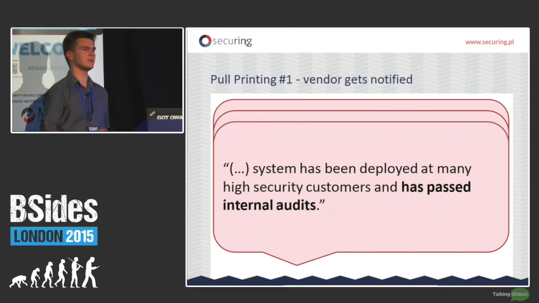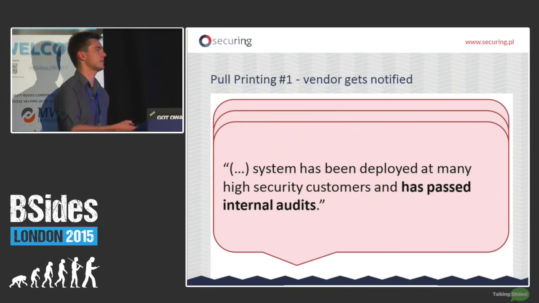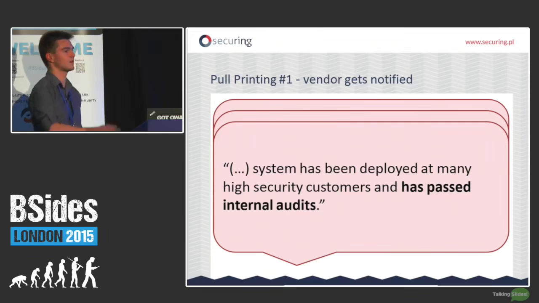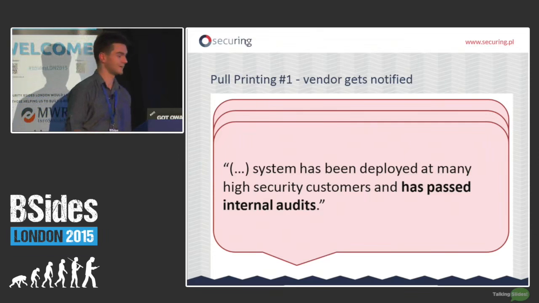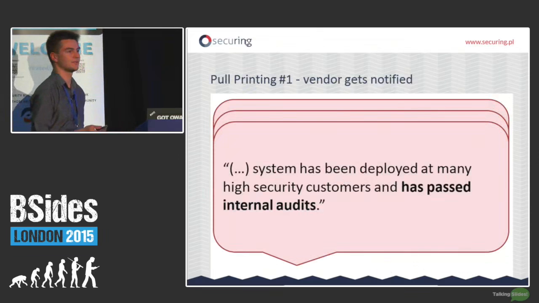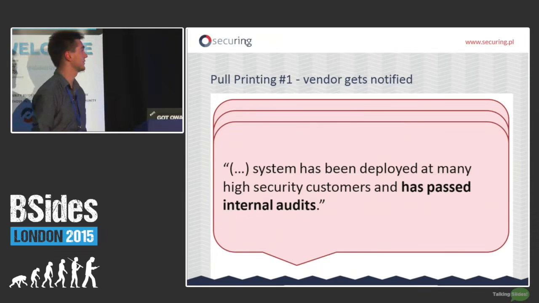And actually, they told us that, no, sorry, they've got no vulnerabilities, that we could not find vulnerabilities because the system has already passed some internal audits in big companies. So, yeah. A very, very hard vendor to communicate with and to get a proper patch from for the report.